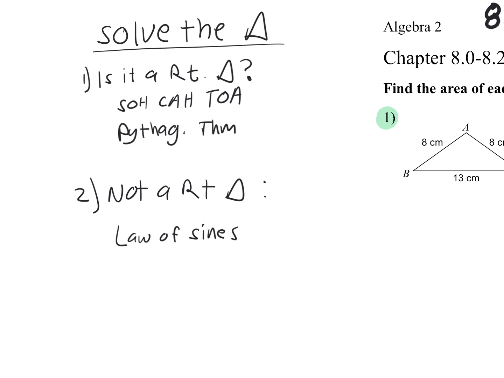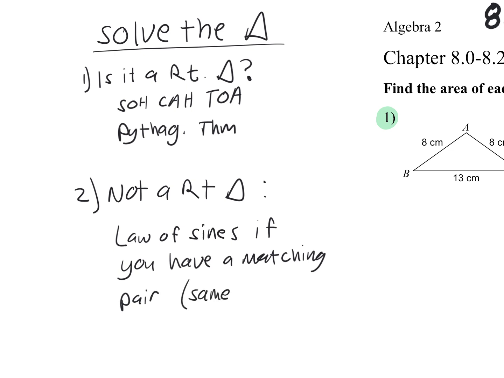But I'm going to say you're going to use law of sines if you have a matching pair. I don't really know how else to call it. What I mean by matching pair, I mean same side, same angle.